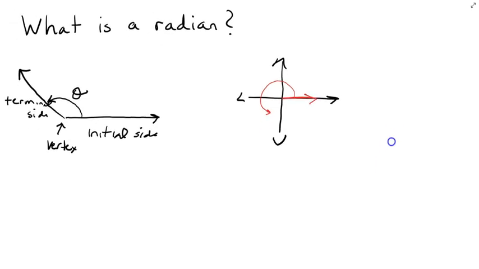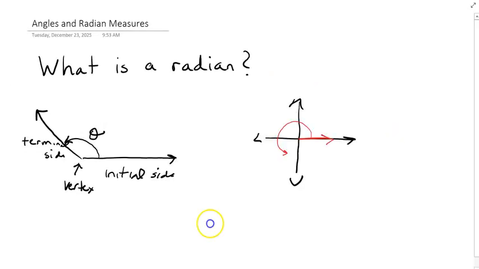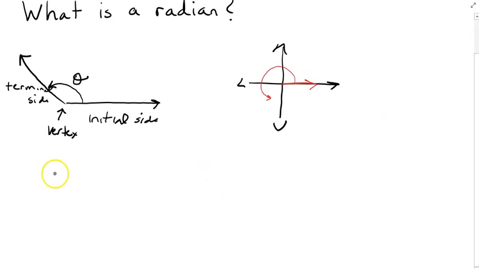Now, if we move on to a negative angle measurement, well, there's our initial side. We would simply go in the clockwise direction. This angle would have a negative measurement between the initial side and our terminal side. So, counterclockwise, that's our positive angles, and clockwise, that is our negative angles.